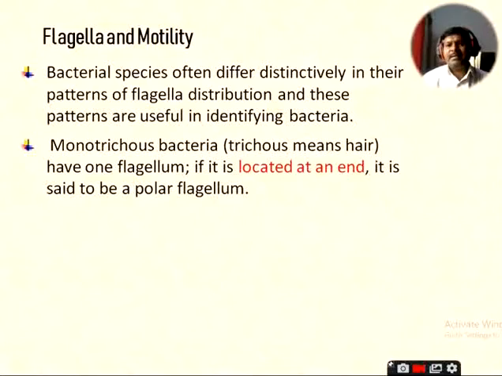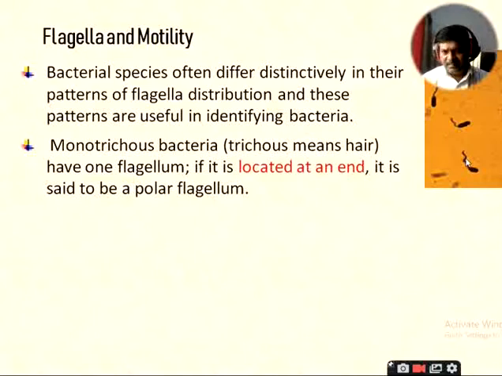In the case of monotrichous bacteria they have one flagellum, and if it is located at one end, it is said to be a polar flagellum. See, in this diagram there is a single flagellum at one side. Is it okay? That indicates the monotrichous flagella.